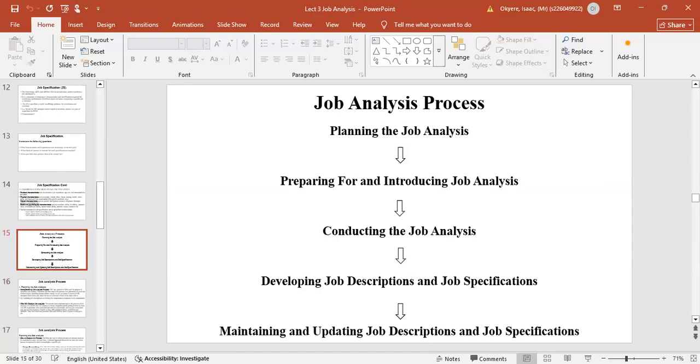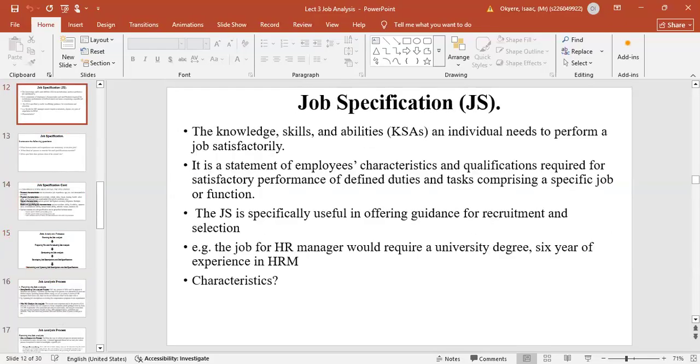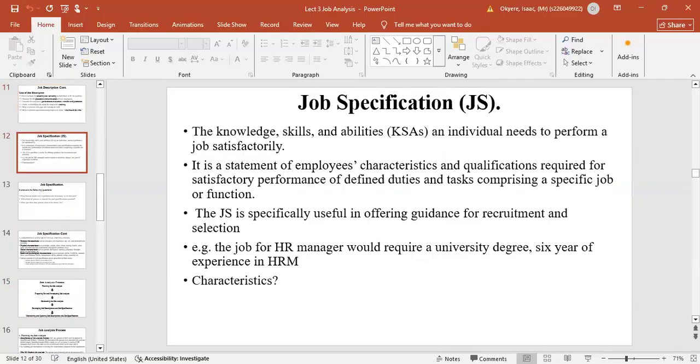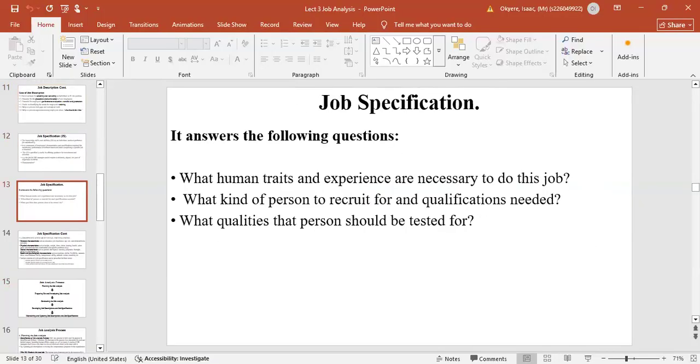Okay, so now we are going to know some of the questions that job specifications answer. If you quite remember, we did some of the questions that job responsibilities answer.